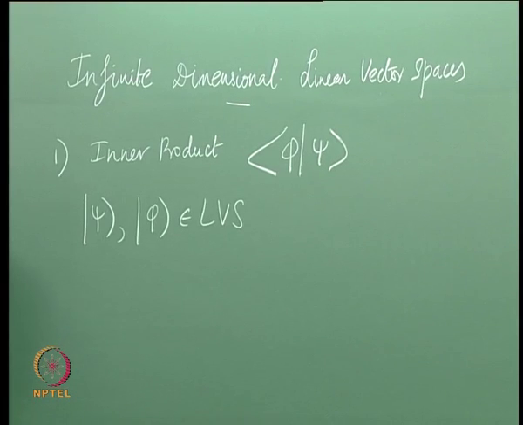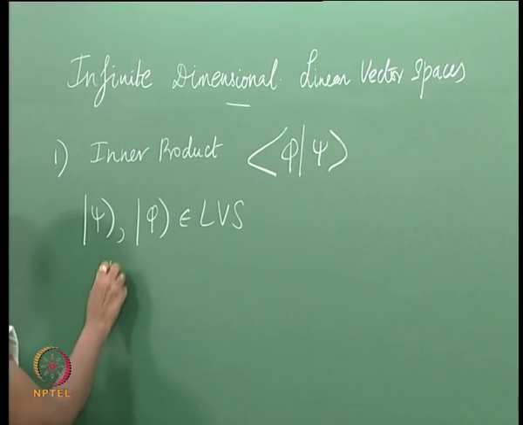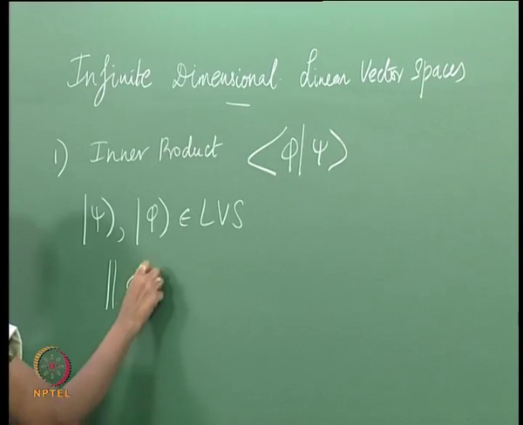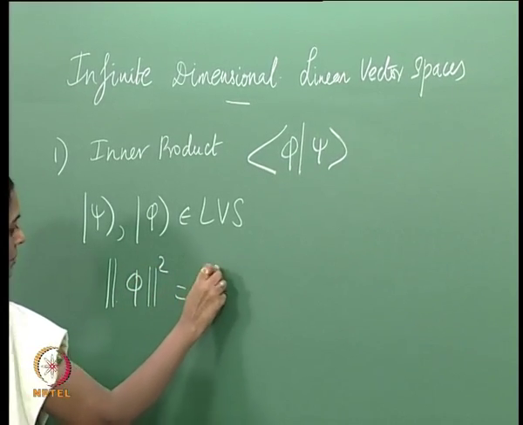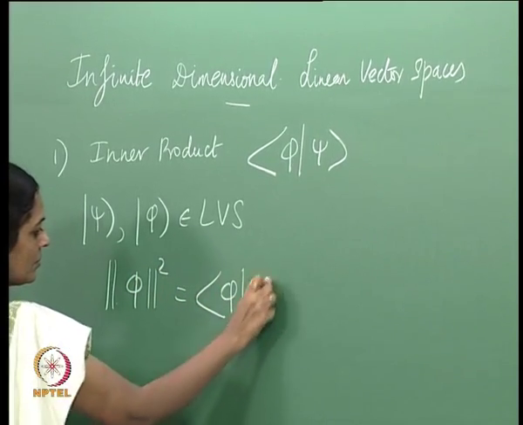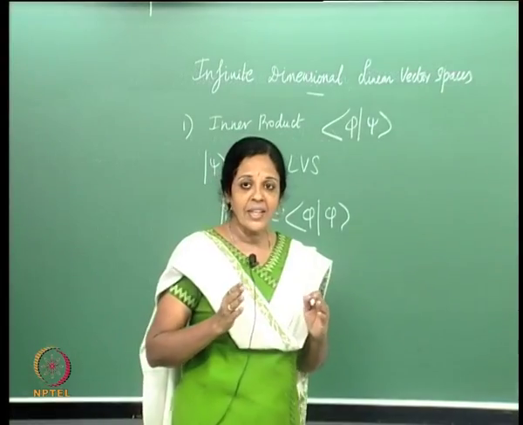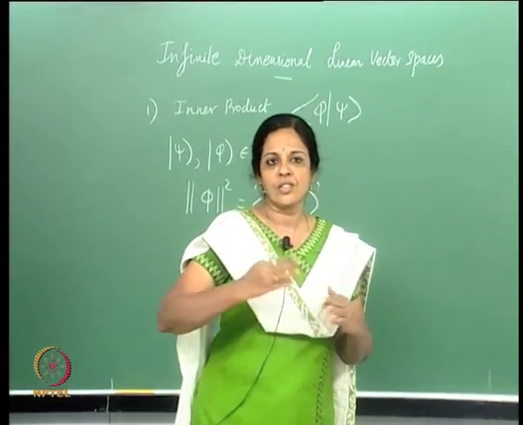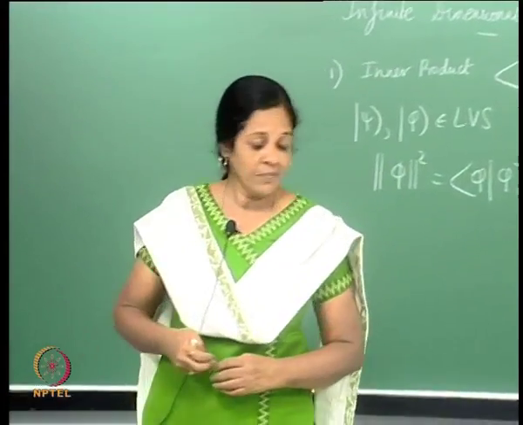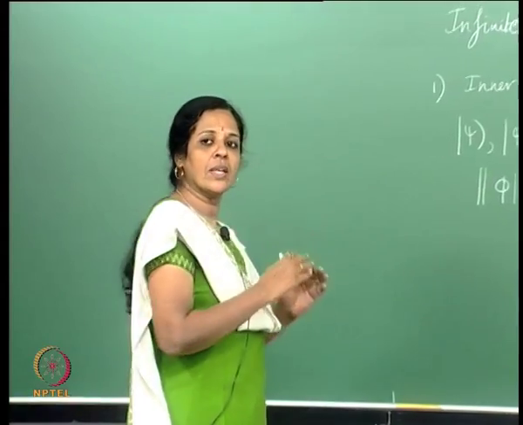This helps us define the norm of phi, the square of the norm, and that gives us a concept of length and distances between vectors if it comes to that. So we would like to retain this property.